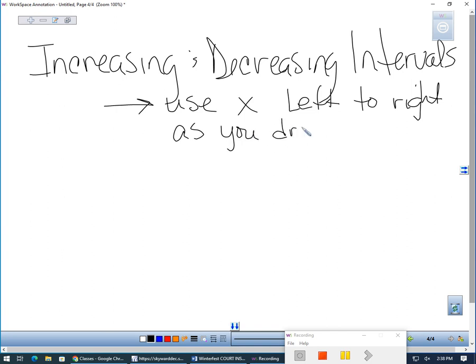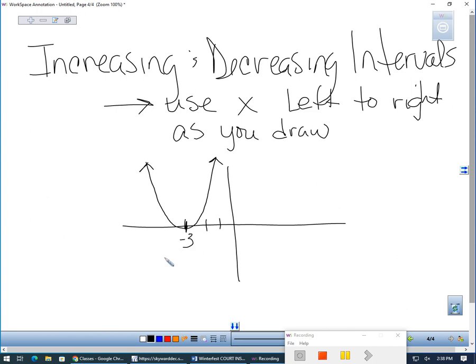So what I mean is, let's say I have a graph. Here's my graph. Now, if I were going to draw this, the first thing I do is I start up here and I draw going down. Well, if I'm drawing going down first, that means my first interval is decreasing. When I say decreasing, I like to refer to using an arrow.